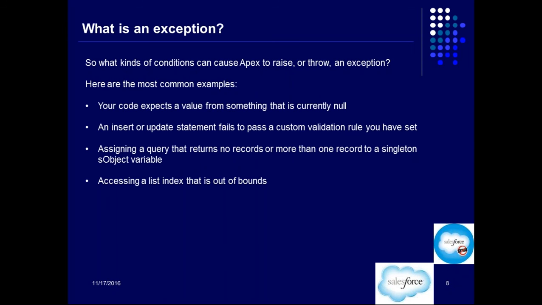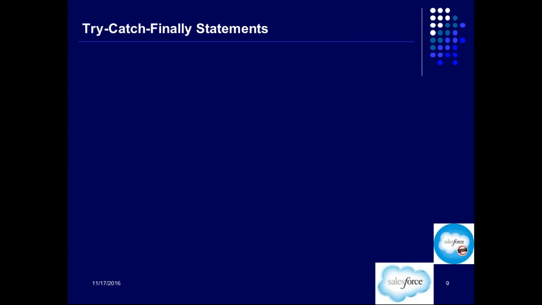Now what we need to do is we need to handle these exceptions. Now how do you handle this exception? We need to write the code so that we can handle the exceptions, or at least catch the exceptions at runtime. So to do this we use try catch finally statements.